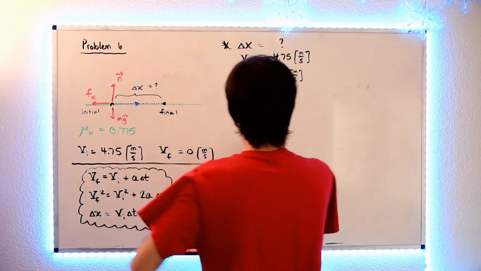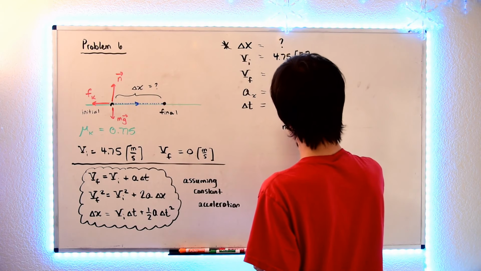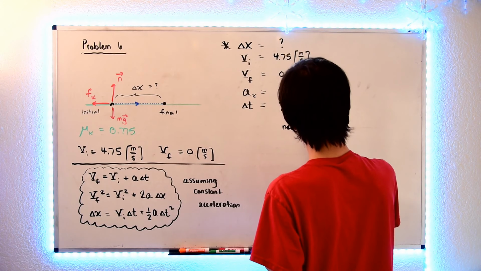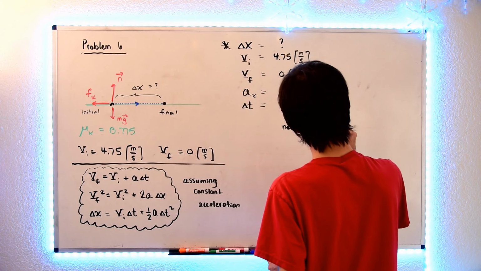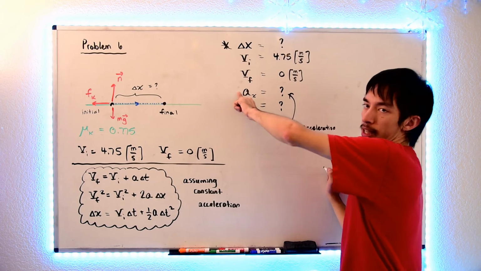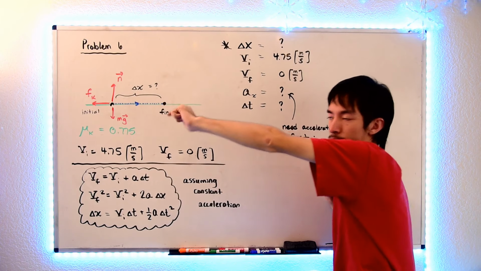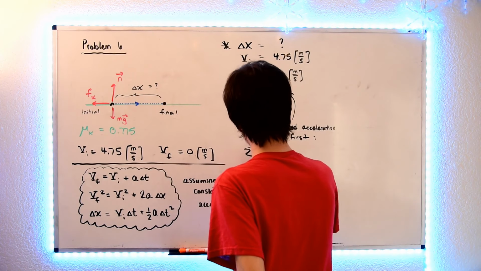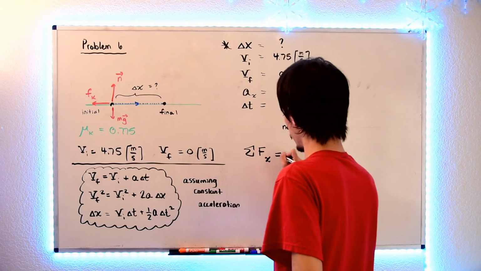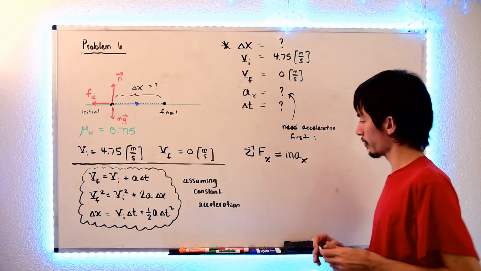So in order to find the acceleration, we need the acceleration first. We can relate the acceleration to the forces using Newton's law in the x direction. So the sum of forces in the x equals mass times acceleration in the x.